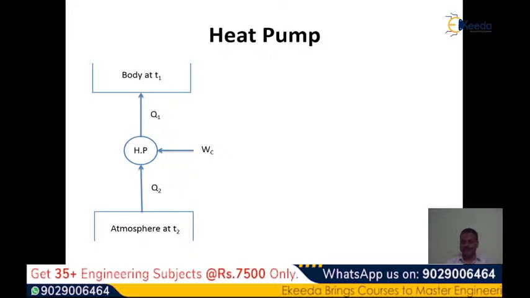So here, as usual, the temperature of the atmosphere, T2, is less than the body temperature T1. Here, as I already told you, heat is transferred from the lower temperature system to the higher temperature system by consuming WC amount of work.